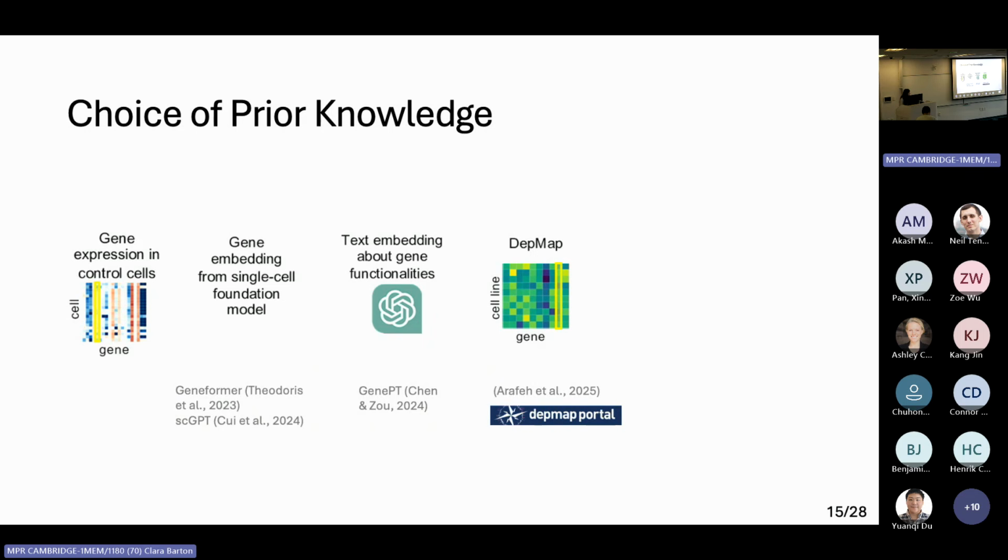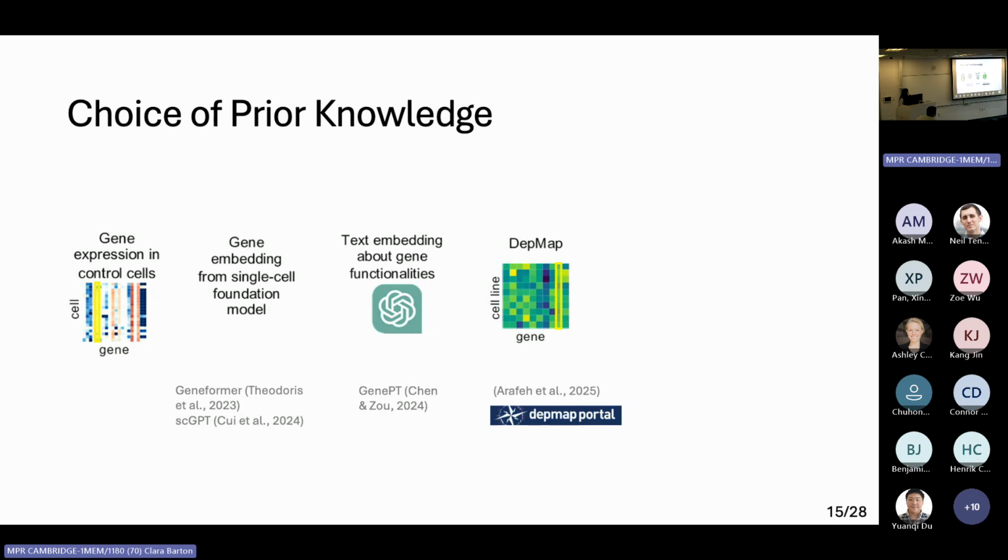The second one is you can take pre-trained single cell foundation models and get gene embeddings from them, which capture a lot of information about how single cells and genes behave in different observational situations. The third option is you can take a language model like GPT and input text descriptions about those genes.